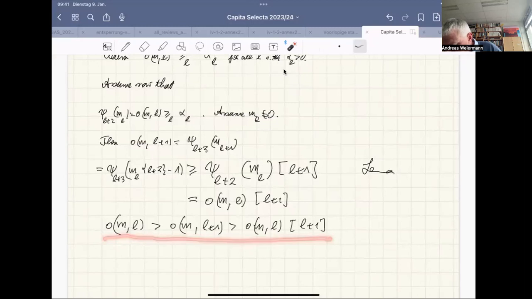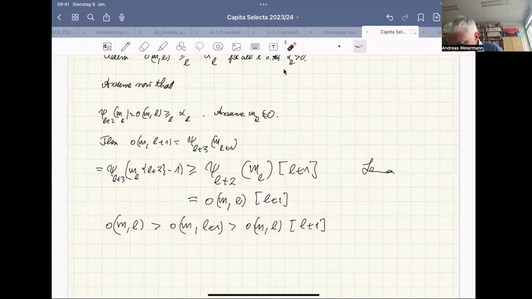Aha. Now we see here's O of ML, here's O of ML at the fundamental sequence. So this means by the Bachmann property, we can step down from this number along the fundamental sequence with arguments 0 to this number.